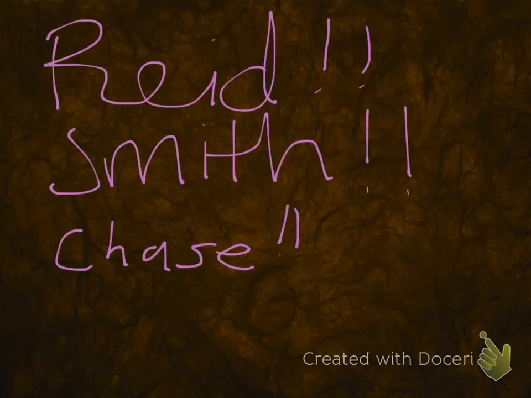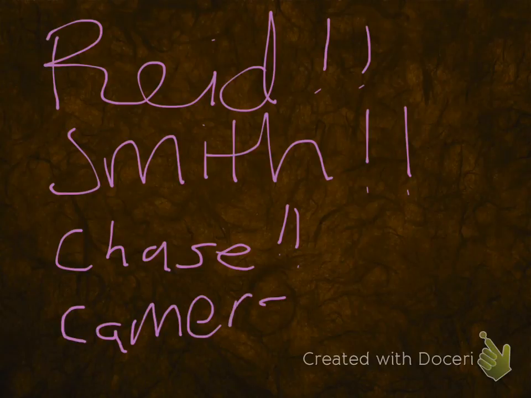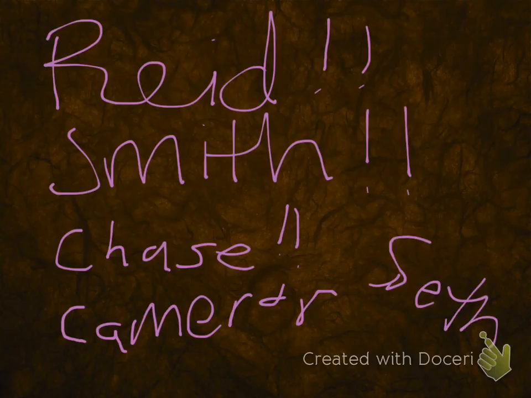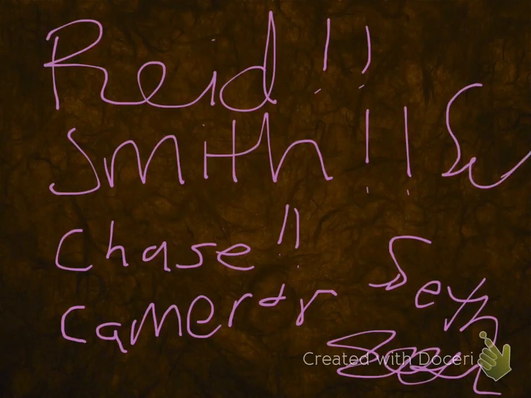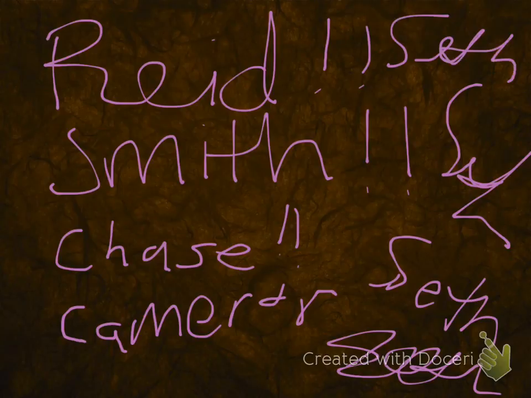We only got 8 seconds. We've got Chase from 6-3. Sorry. We've got Camera from 6-1, and last but certainly not least, Crazy Boy in the flesh, Mr. Seth. What's up? All right. Hey, and thank you very much for watching. That's enough doodling on my stuff. Thank you.